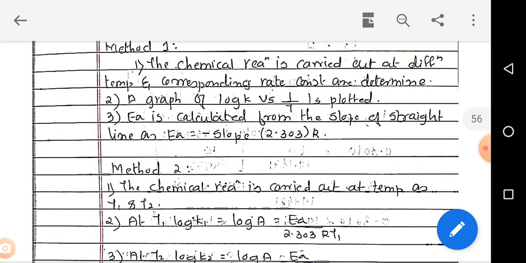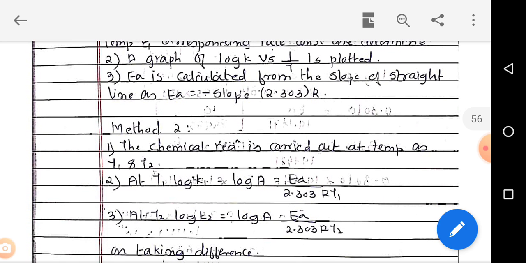Hence the chemical reaction is carried out at different temperatures, and the corresponding rate constants are determined. A graph of log k versus 1/T is plotted. Log k means the rate constant, plotted versus temperature. Ea, the activation energy, is calculated from the slope of the straight line.